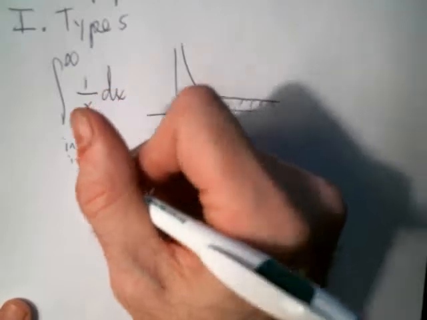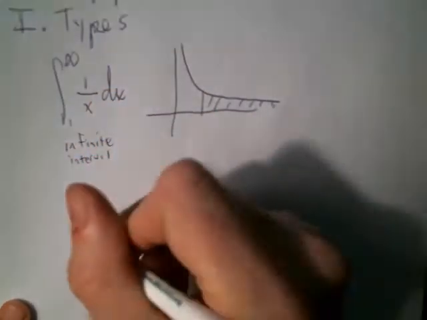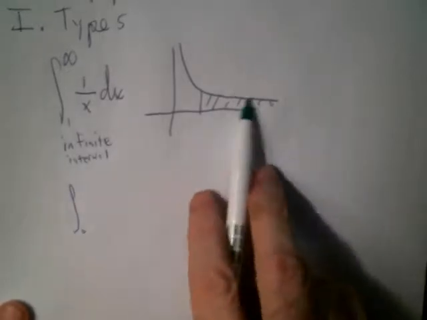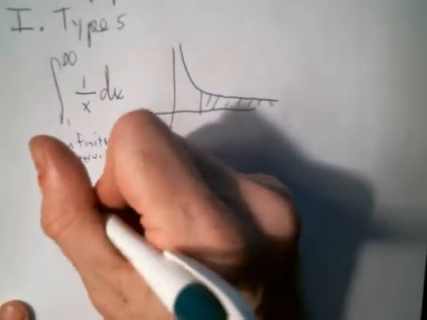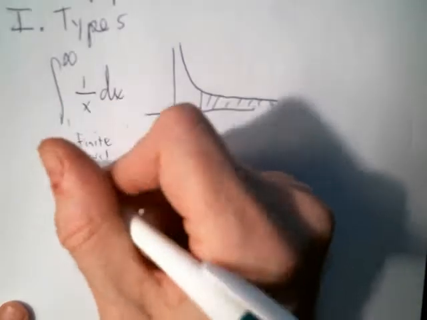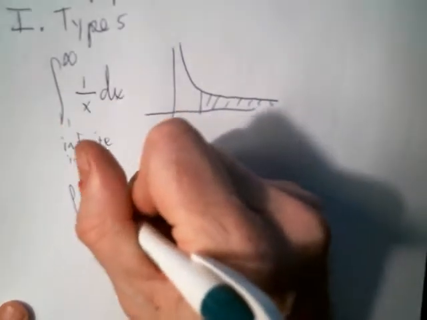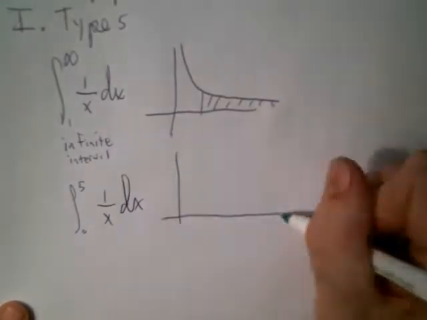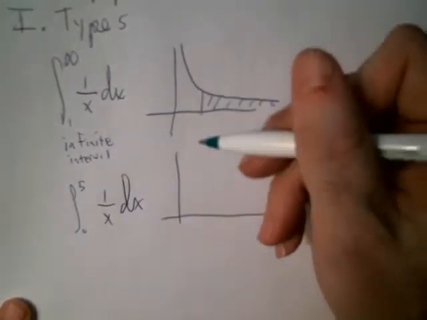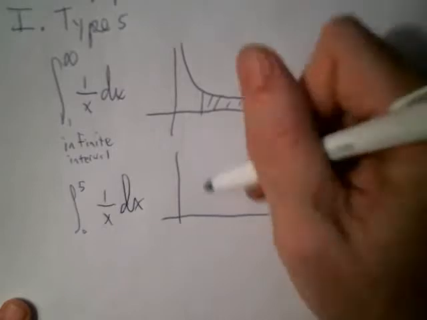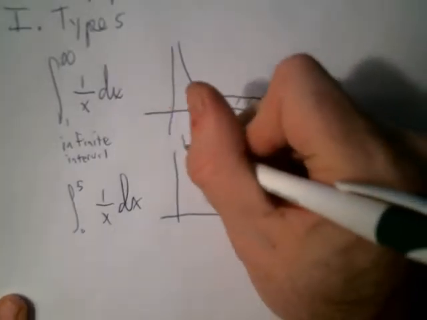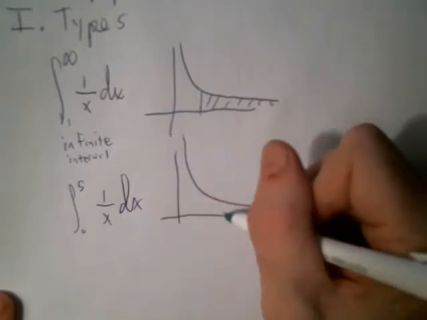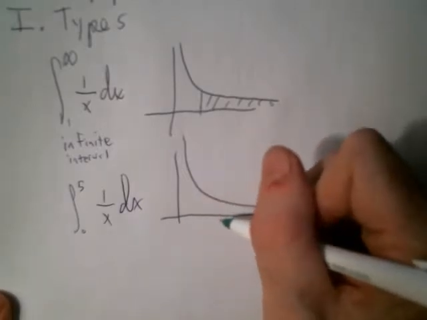What other kinds? You have infinite discontinuities, which seem to me to be basically infinite intervals on their sides. So let's say I'm integrating from 0 to 5 of 1 over x dx. That picture is basically this thing flipped about the line y equals x, except I'm starting at 0 this time and going to 5.